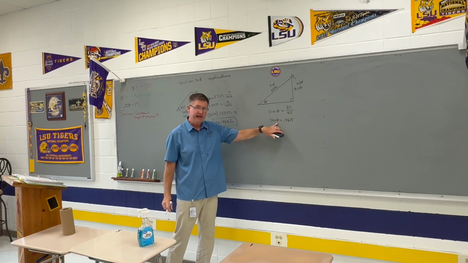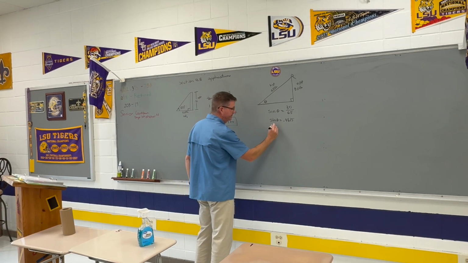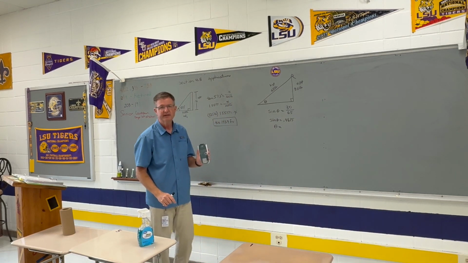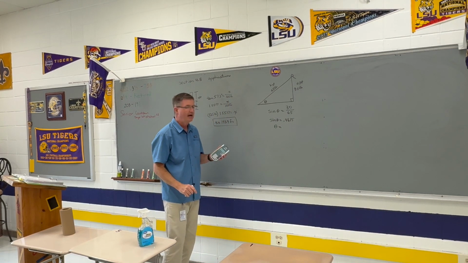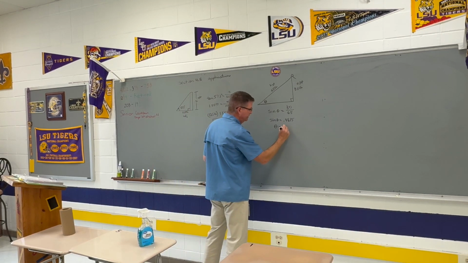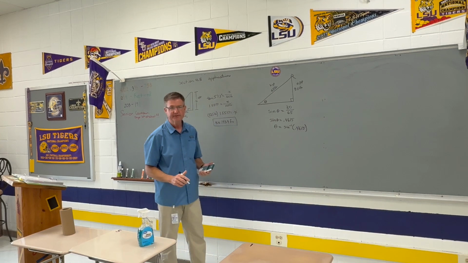Now I'm trying to find angle theta. This is the sine of angle theta. So what we have to do is get rid of the sine. So I got theta equals, and I'd be dividing by sine, but your calculator does not work that way. Your calculator is doing the inverse. So what we do here is we write it as sine inverse times 0.4615, and that takes care of the division.